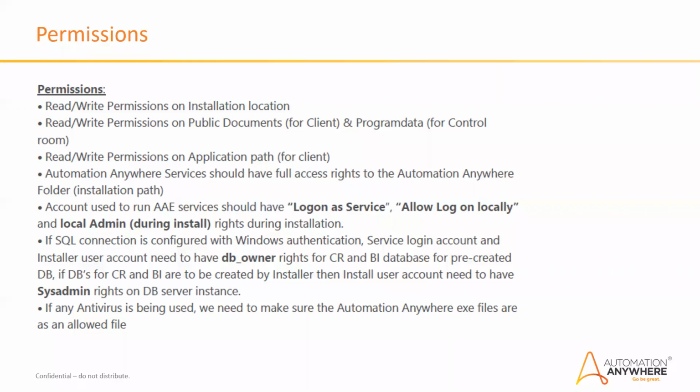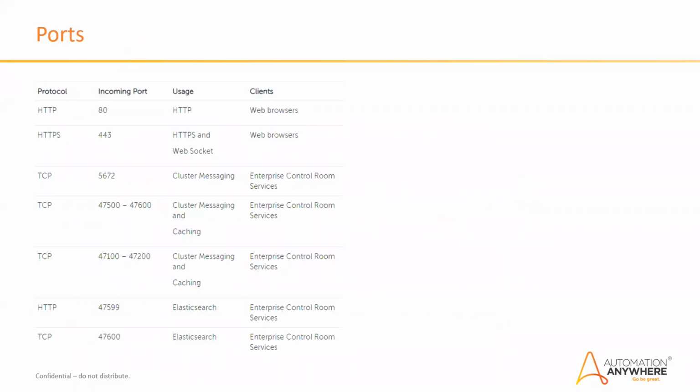If you do use a SQL connection, make sure it's configured with either Windows authentication or database authentication. So there are two different options. And as always, if you install any kind of major enterprise software, make sure this is considered as part of your antivirus policies, and that the Automation Anywhere .exe files are marked as allowed files.